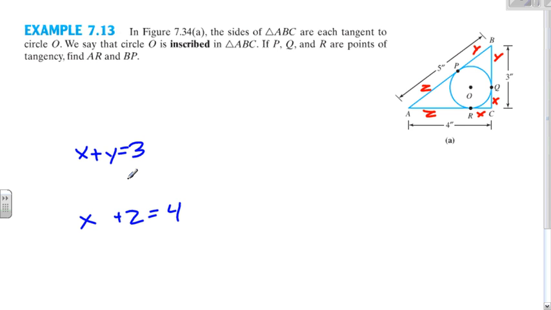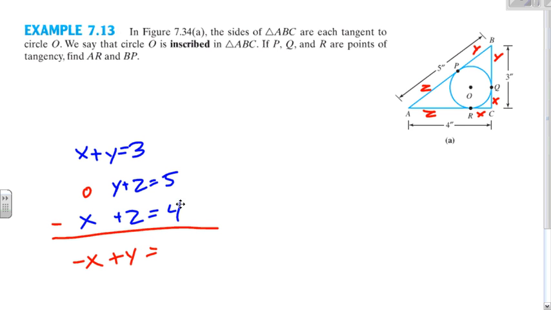And Y plus Z is 5. We can pick two equations and combine them. So if we subtract the second equation minus the third equation, we would have negative x plus y. Z minus z cancels. 5 minus 4 equals 1.